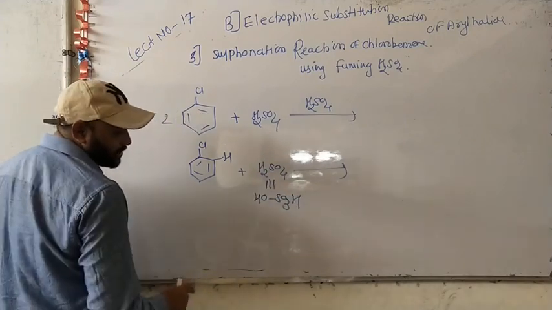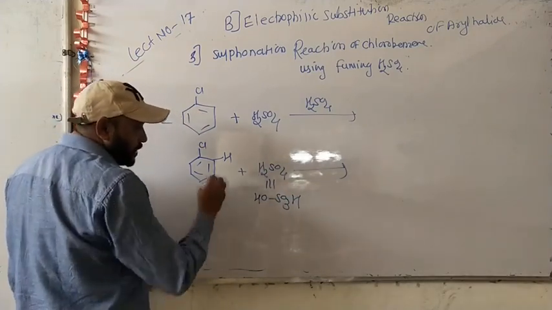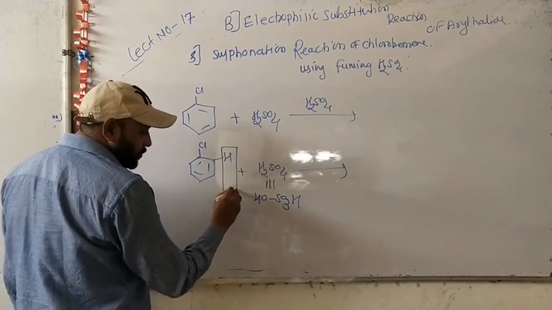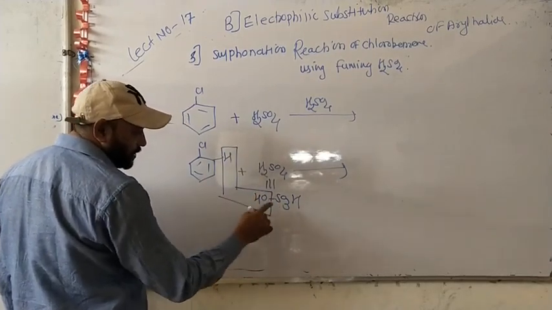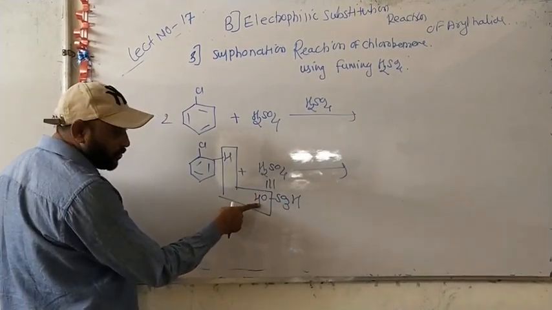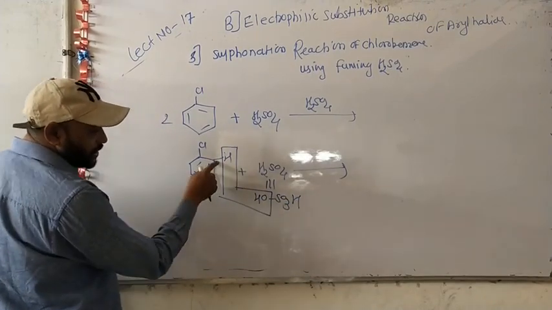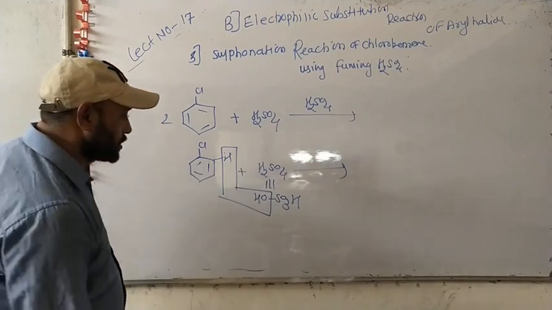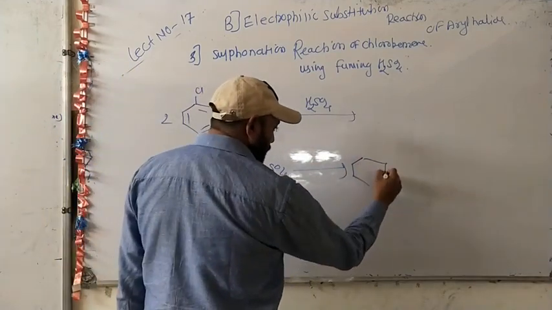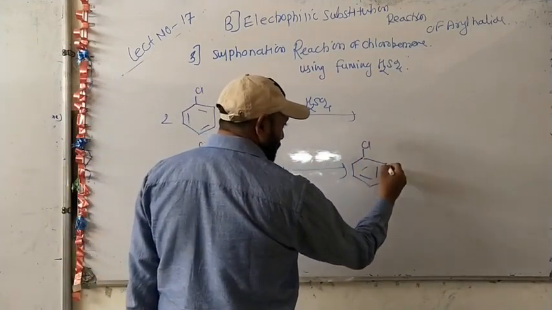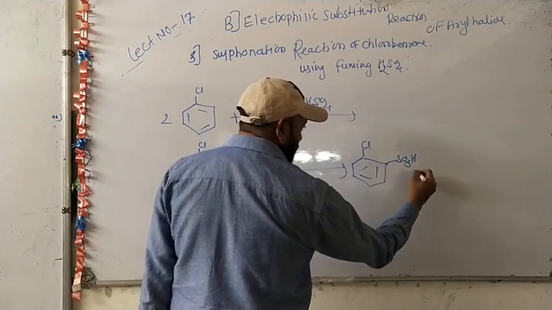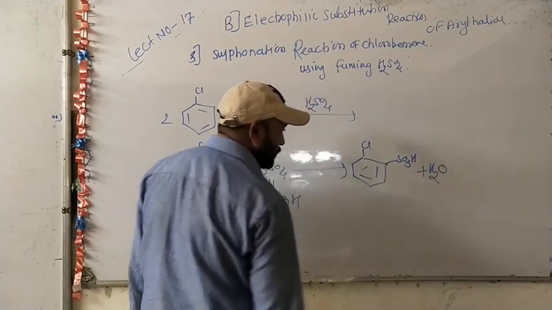This is fuming H2SO4. So hydrogen at the ortho position is replaced, and H2SO4 loses the OH. So what is lost? H2O. And this sulfonic acid group is introduced at the ortho position. So what is the first product? Cl, SO3H plus H2O.